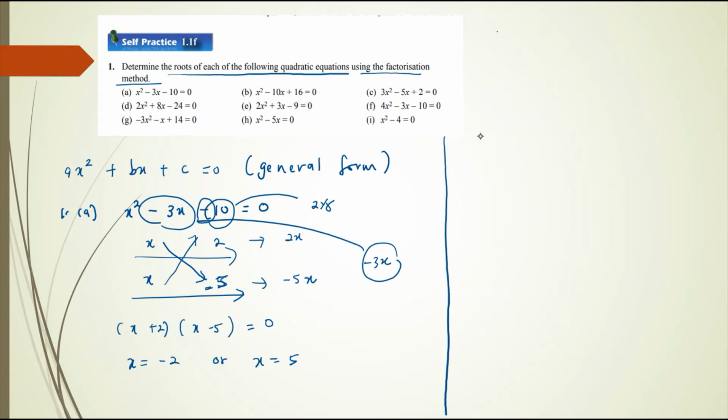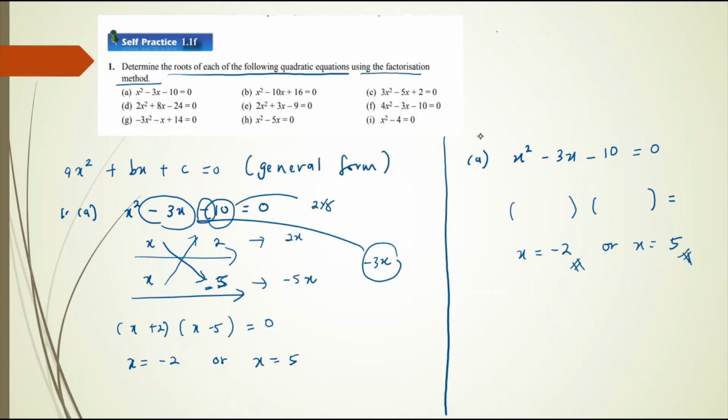So I show you the same example, x squared minus 3x minus 10 equal to 0. When we use the calculator, we'll get the answer x equal to -2 or x equal to 5, right? So here we must have brackets before you show your final answer.